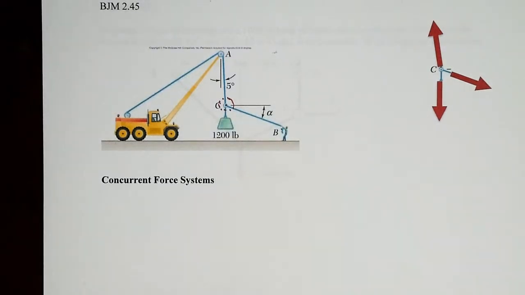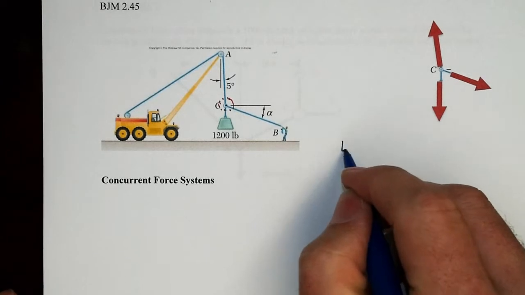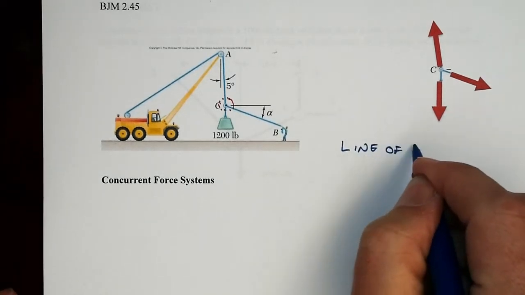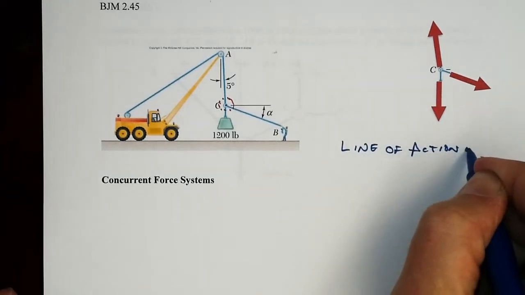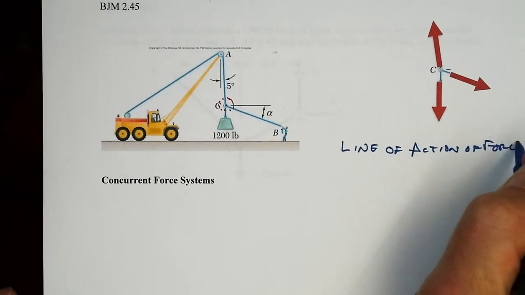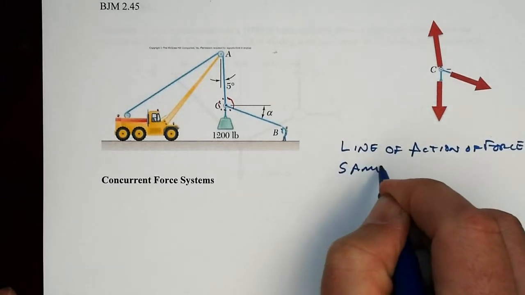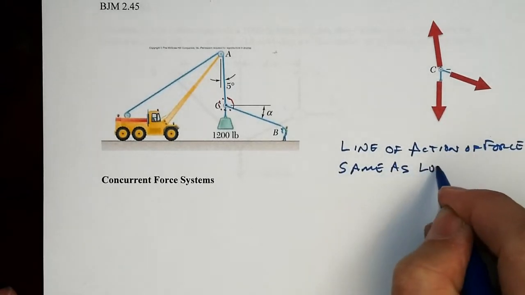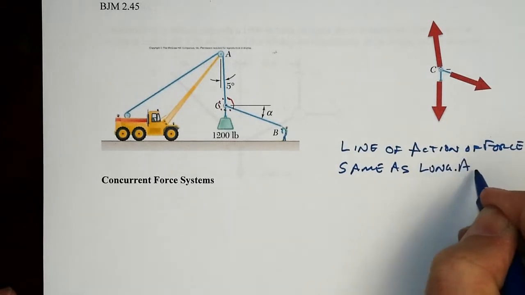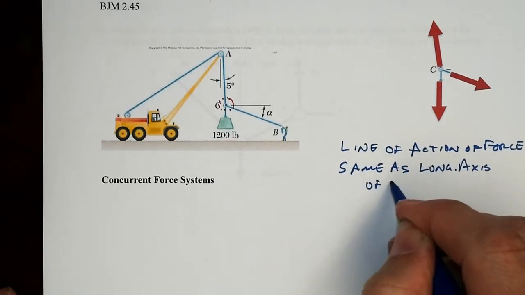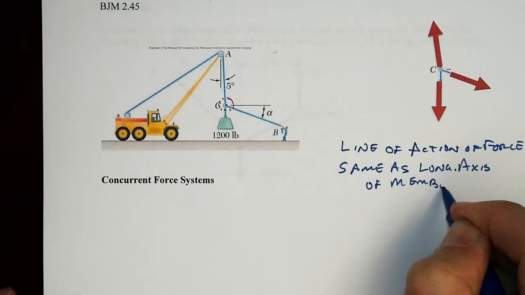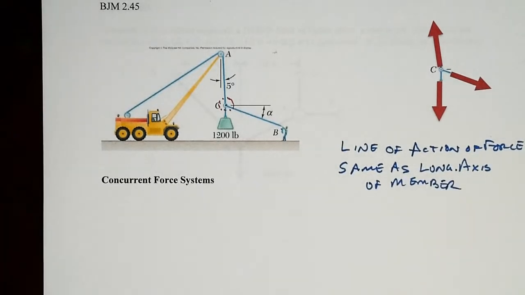So the line of action of the force is the same as the longitudinal axis of the member when we're creating these free body diagrams.